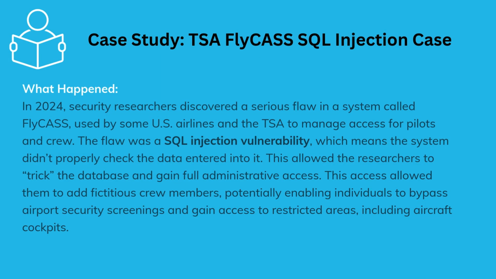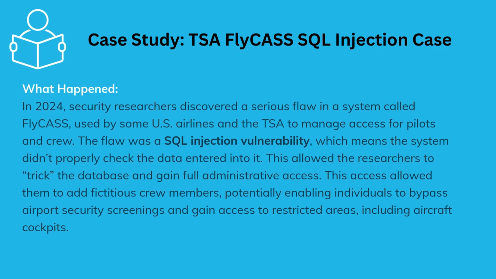Let's consider this case study involving TSA Flycast SQL injection. In 2024, security researchers discovered a serious flaw in a system called Flycast, used by some U.S. airlines and the TSA to manage access for pilots and the crew. This flaw was an SQL injection vulnerability.